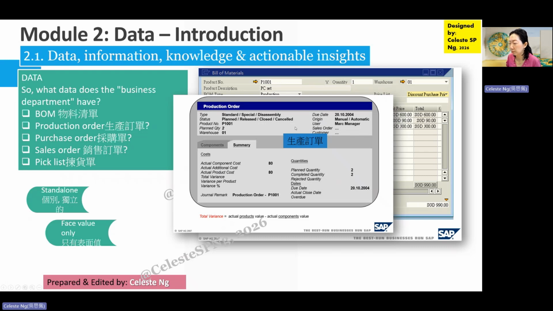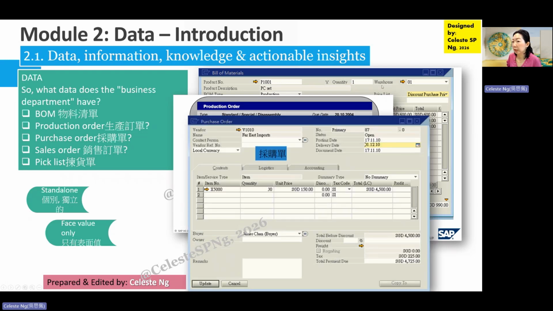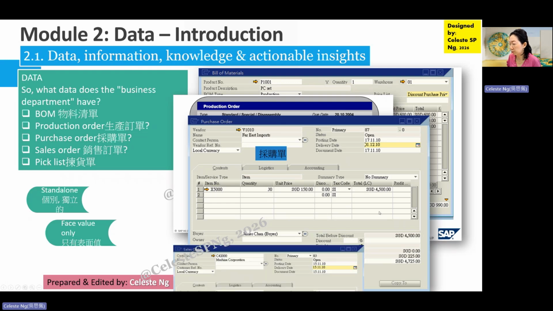This is typical department data. If you are from the purchasing department, you have the purchase order, and you purchase from a vendor, the item you want to purchase from this particular vendor, the unit quantity, unit price, total price, and so on.